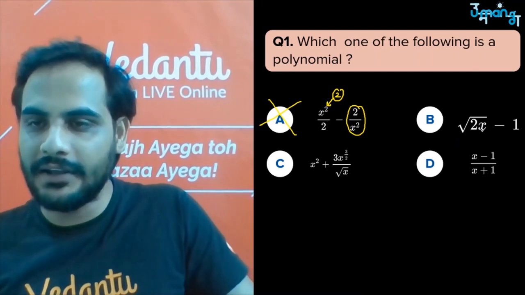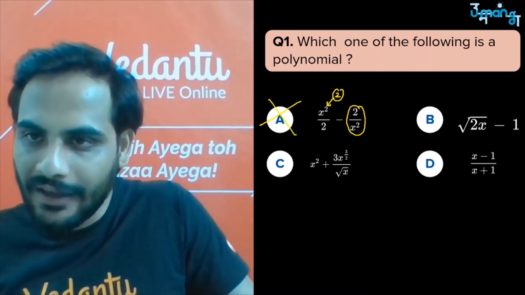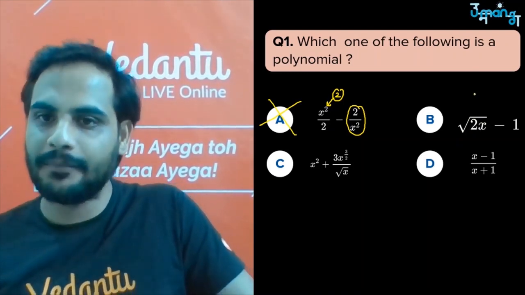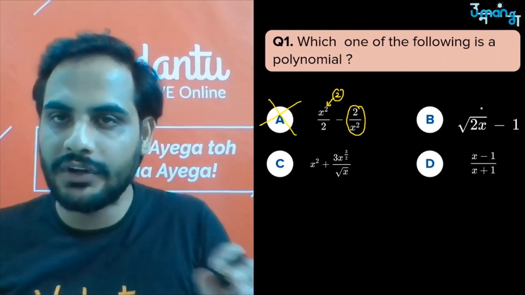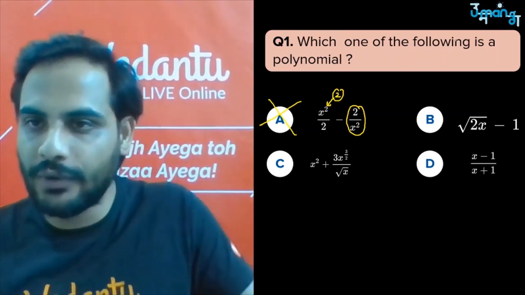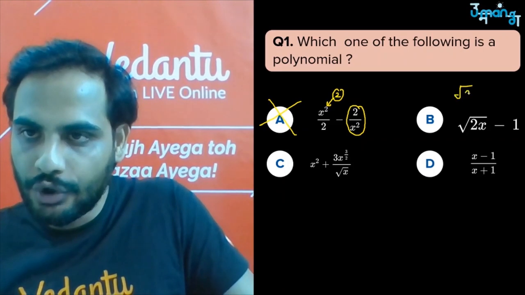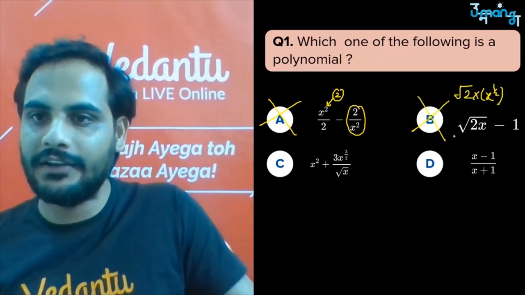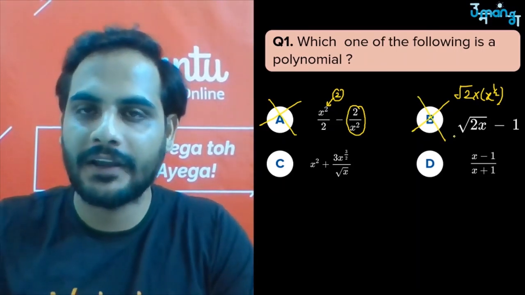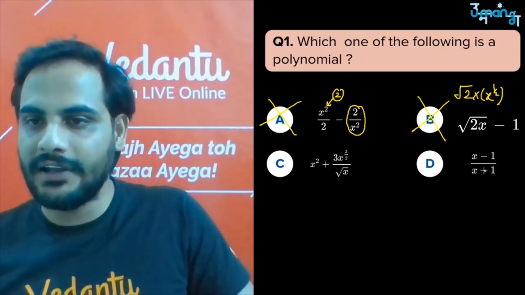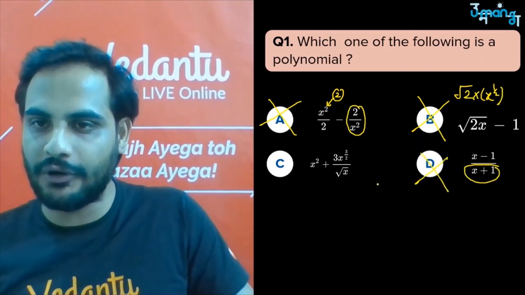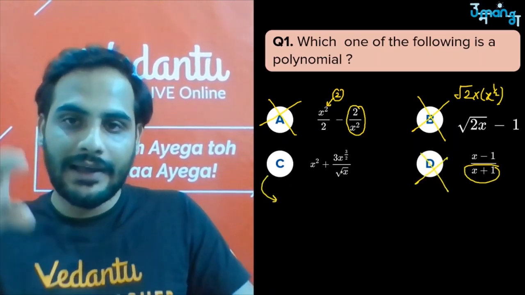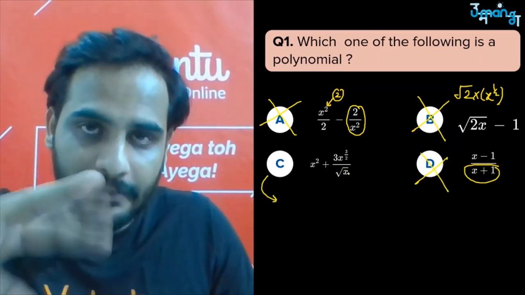In option B, as you can see, the square root is extended up to x. So it has become root 2 into x raised to the power half, which is again not a polynomial. Correct? In option D, the variable is present in the denominator, not a polynomial. But in option C, I can see it can be simplified further.